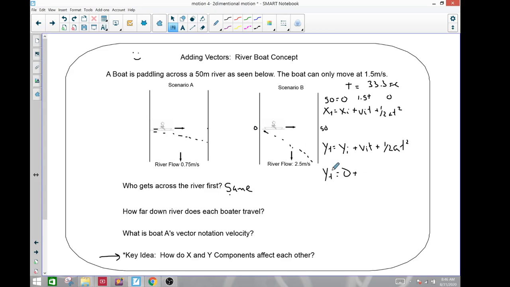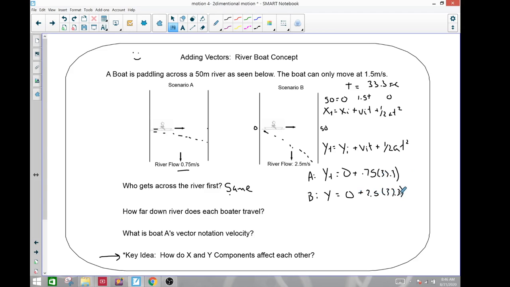Let's put in this guy first: 0.75 is the velocity of the river, the time is 33.3, and the acceleration is 0. The other one, for A versus B, is going to be 0 plus 2.5 times 33.3. They're on the water the same amount of time, but B is traveling several times faster.